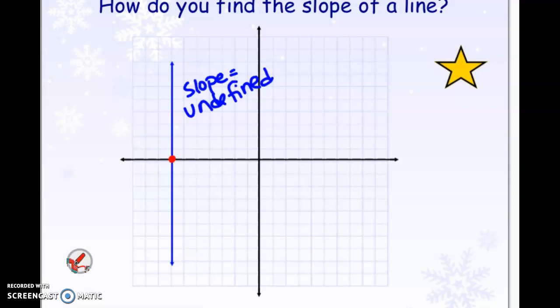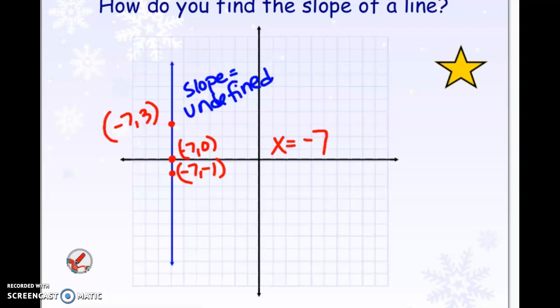So this one would be 2, 4, 7, negative 7, 0, negative 7, negative 1, negative 7, 3. You can see that the x values are all staying the same.